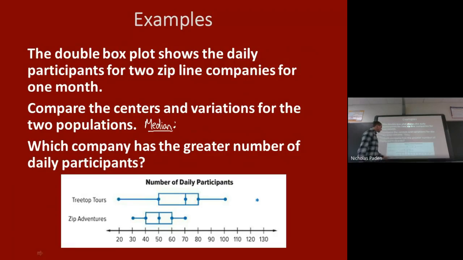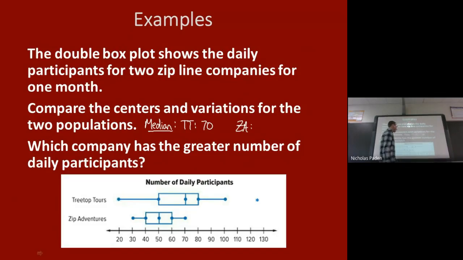So the median for Treetop Tours is going to be the middle line of the box, which is 70, okay? So you see where 70 is in Treetop Tours, the middle line of the box. So let's look at Zip Adventures.